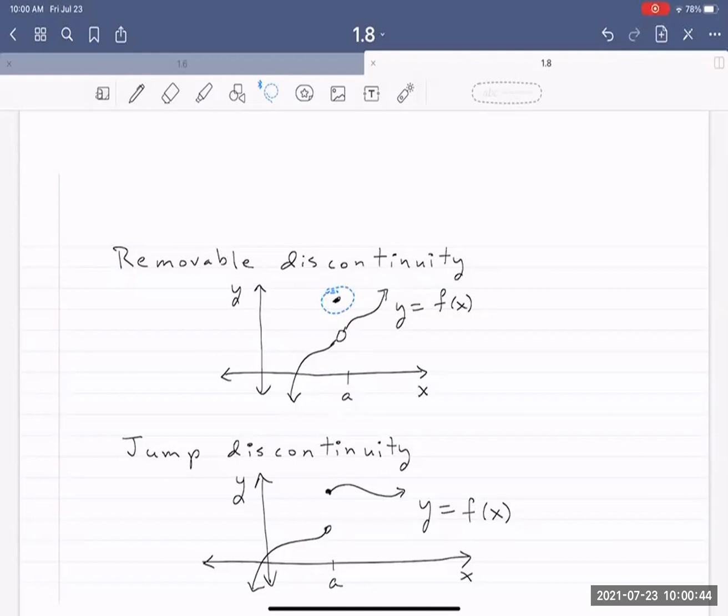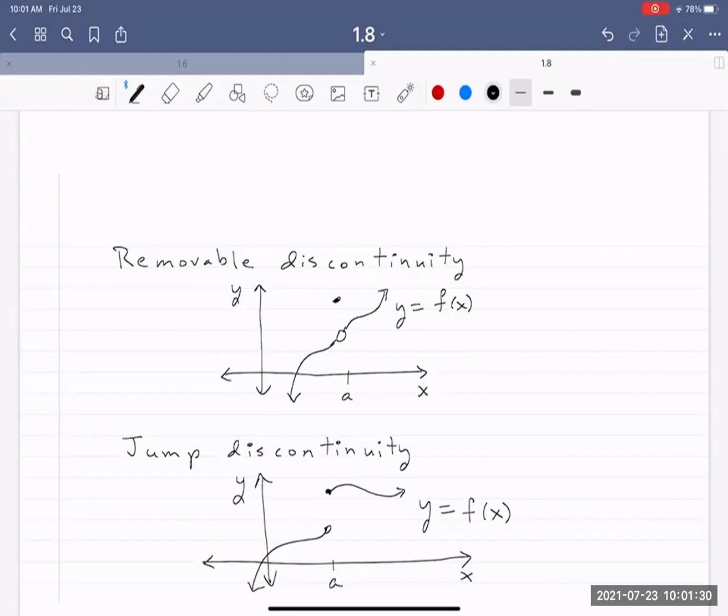So if I take this point way up here and just move it down and fill in this new point, so I've taken this point and brought it down here so that it is now filled in, and I get rid of that previous point by moving it down, then the function would be continuous. Okay, good. So that's called a removable discontinuity because I can remove this discontinuity by redefining my function at one point to make it continuous.